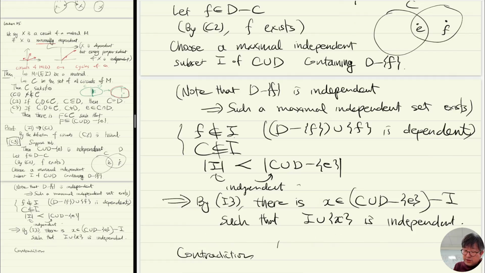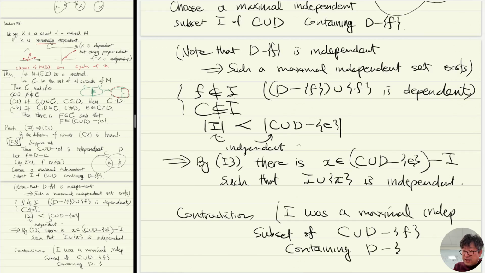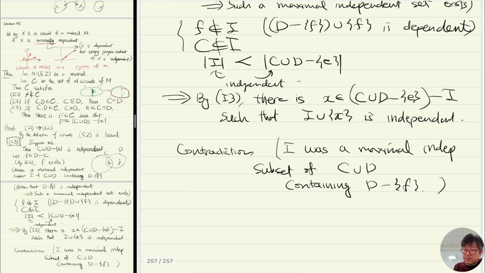This is a contradiction because I was a maximal independent subset of C union D minus F containing D minus F, right? So that's it.